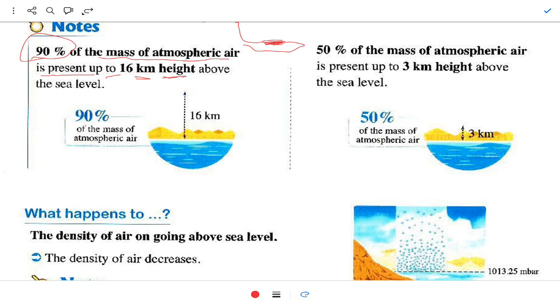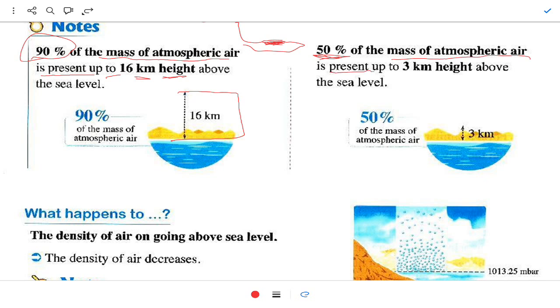Do you imagine that? 90% in 16 kilometers. And 50% of the mass of atmospheric air is present up to 3 kilometers.